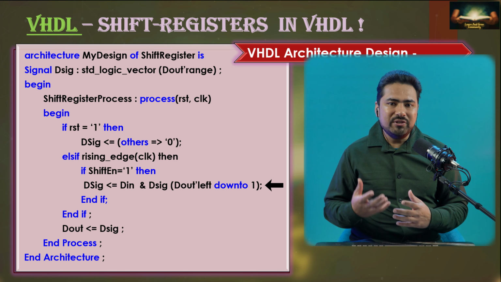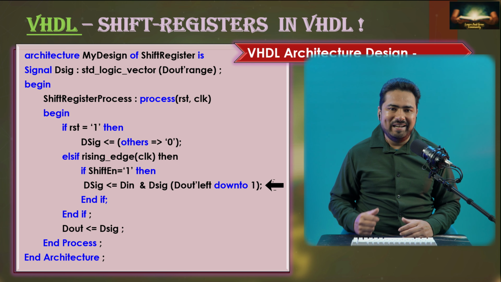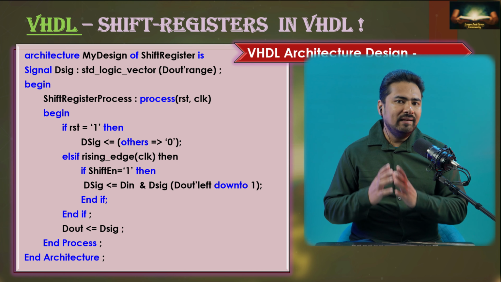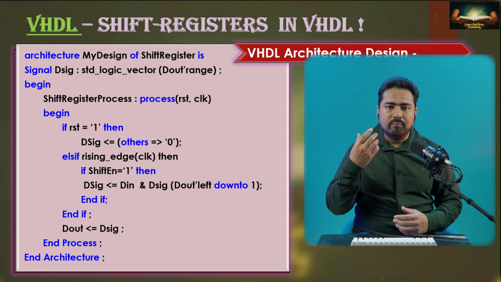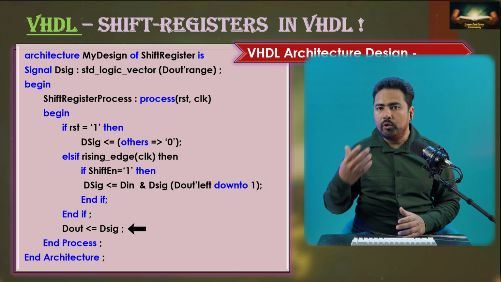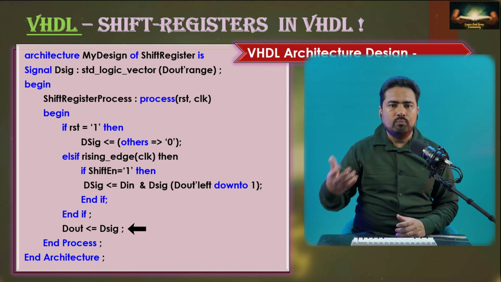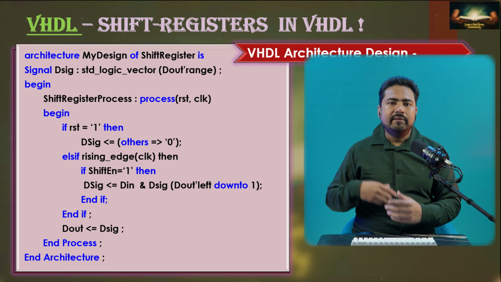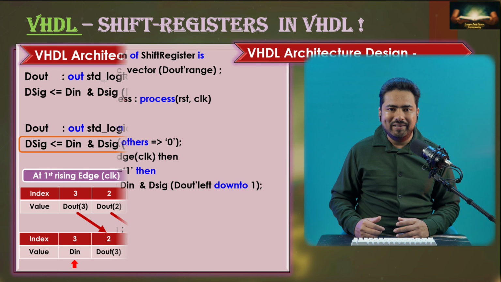It might look confusing at the moment, but don't worry, I will explain this in the next slide. But before this, let's terminate our if statement. Now, before terminating the process, let's move our internal signal data to our module output. So we moved D6 data to the D out output. Then terminate the process statement and then terminate the architecture body.